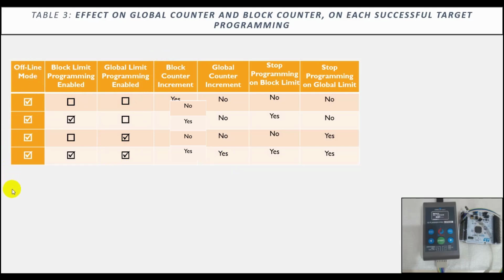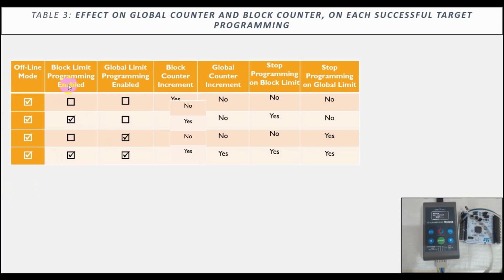If you are programming in online mode, none of the counters will increment and no limit programming works, because limit programming is supposed to work in offline mode, where you don't want to give access to the hex file to your EMS or production flow, and you have stored the hex file in the IO Flasher programmer. So please keep in mind, this works only in offline mode.